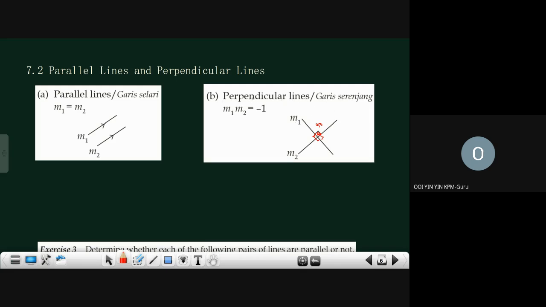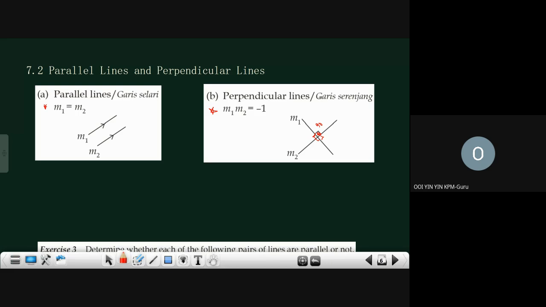For perpendicular lines, there is one important point: the two gradients of the lines that are perpendicular, when you multiply together, M1 multiply M2, will equal -1. So there are two important things here. One, for parallel lines, M1 equals M2.